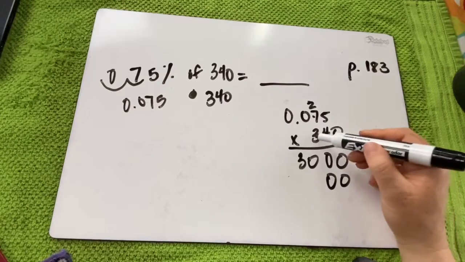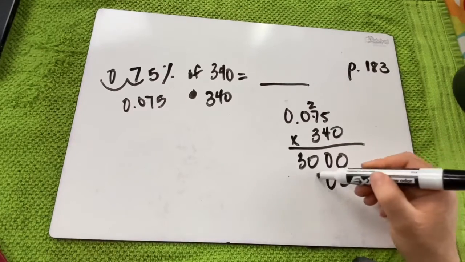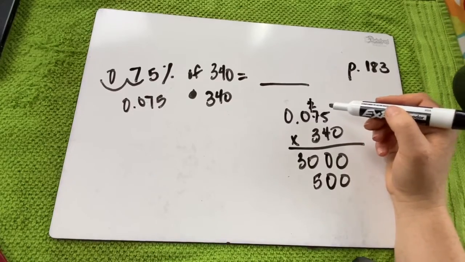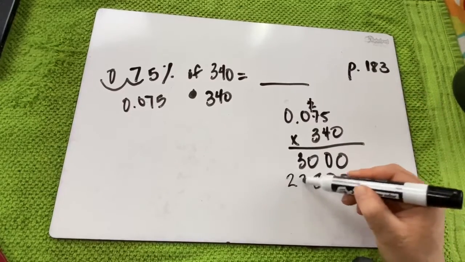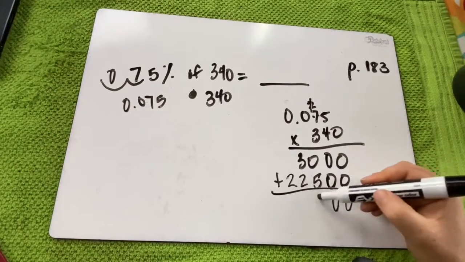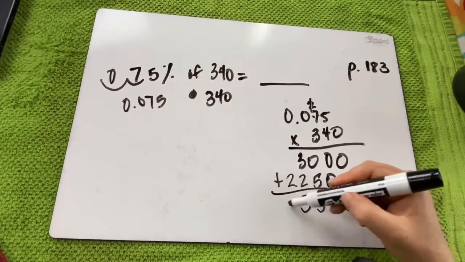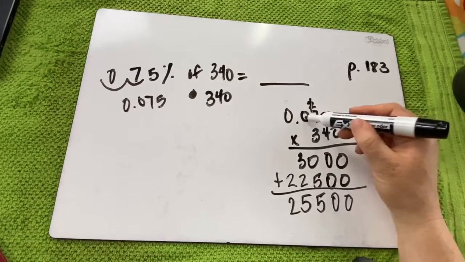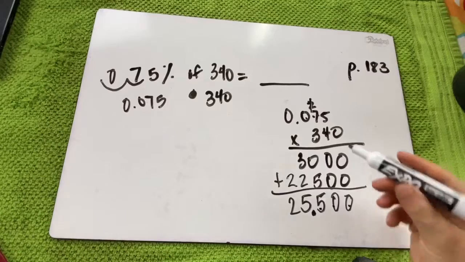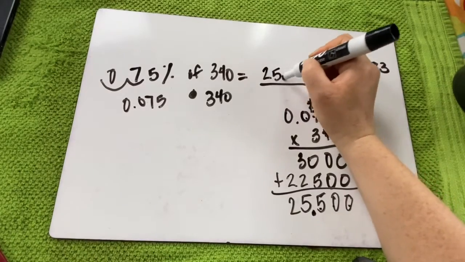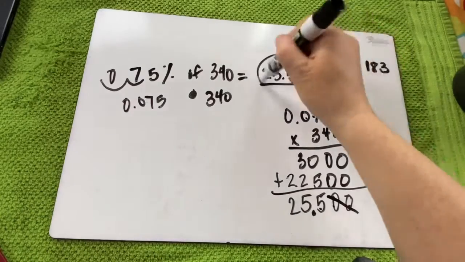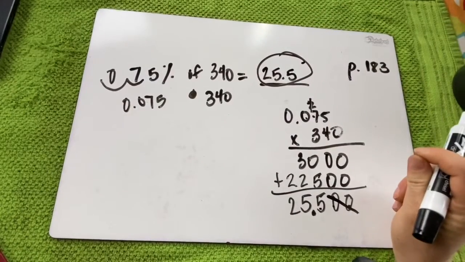Okay, 5, 15, carry the 1. 3 times 7 is 21, 22. 0, 0, 5, 5, 2, and 1, 2, 3, 1, 2, 3. 25.5. Because I don't need those zeros. That's the answer.